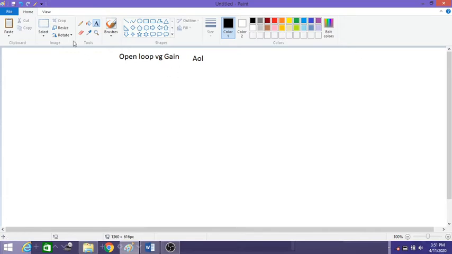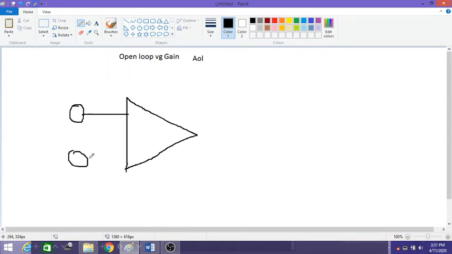In the previous video we have seen that if we connect a voltage source across the inverting and non-inverting terminals, the output will be an amplified version of the signal.